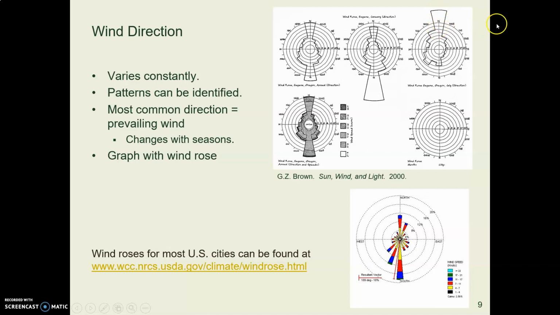Here is true north. The reason we're seeing Eugene, Oregon here by coincidence is that Charlie Brown, that's what we all call him, G. Z. Brown, is an architect at the University of Oregon who's a national expert on managing energy, light, heat, airflow, and so forth.